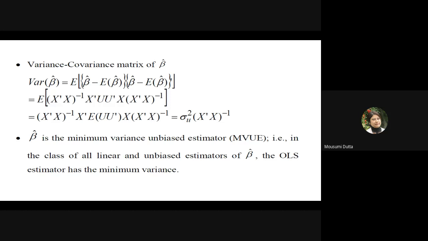Okay. In this case, we need a matrix, remember that. The expectation will be there, then beta hat minus expectation of beta hat. Beta hat minus expectation of beta hat is of order k by 1, because beta hat is of order k by 1.